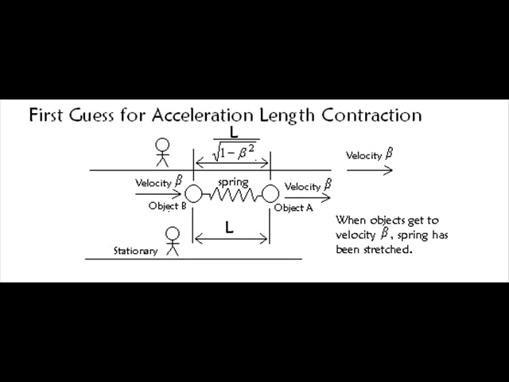But an observer on an inertial frame moving with velocity beta now sees them a distance L divided by the square root of 1 minus beta squared apart. In other words, when the objects are stationary in the velocity beta reference frame, they are further apart than they were in the original stationary reference frame.